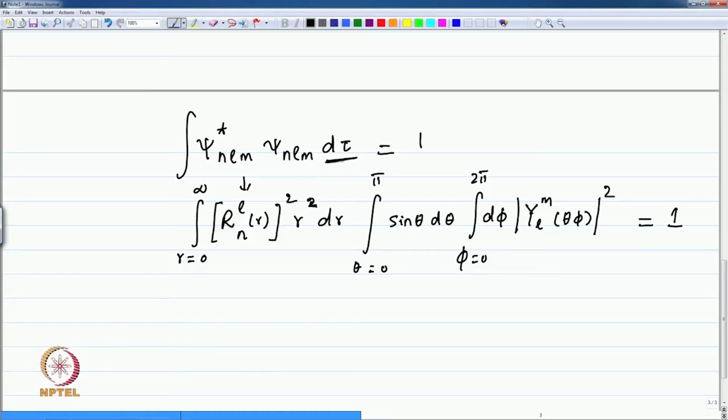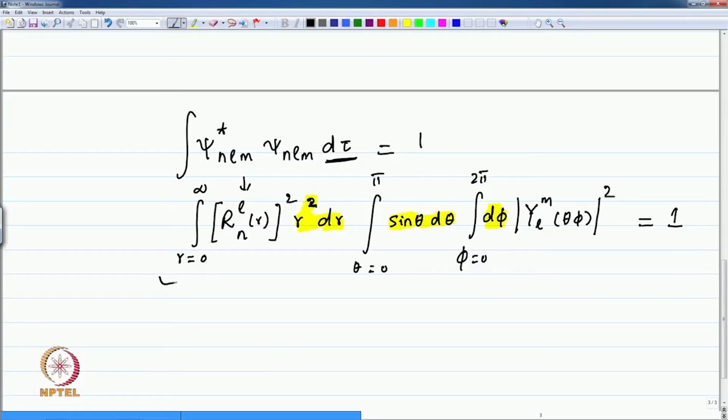Now you see that the d tau is essentially r squared dr d theta sin theta d phi, and the rest of it is psi star n l m psi n l m.